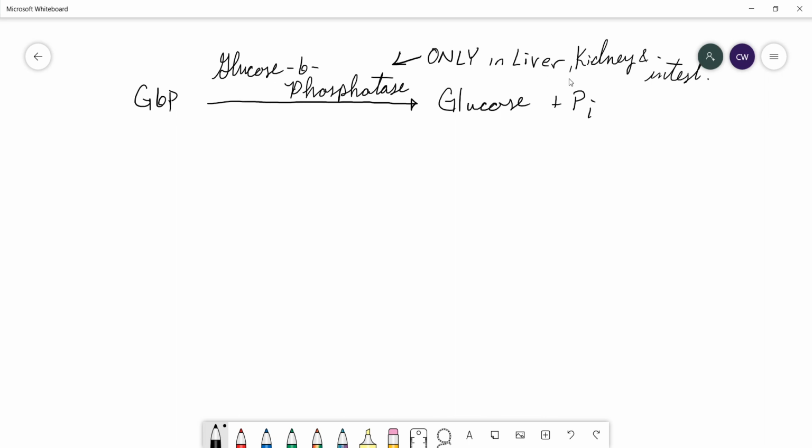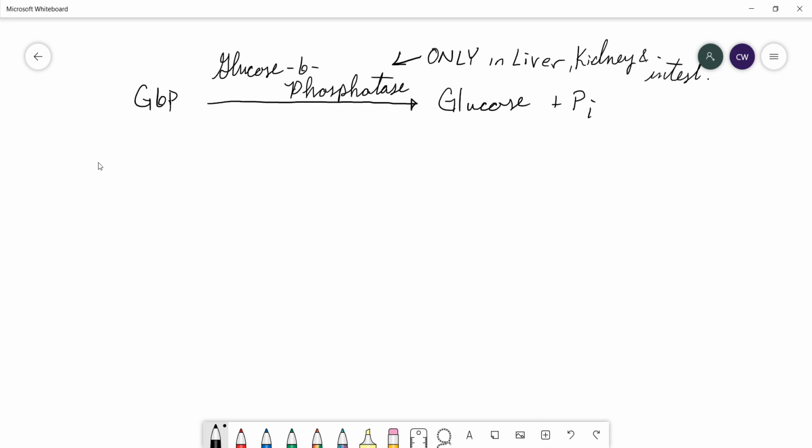There are specific cells in each tissue that have this enzyme, and they are the only cells in which this enzyme is found. So you can imagine how much strain you're putting on those particular cells if you're saying, I'm just going to stop eating carbs. Not a good idea.